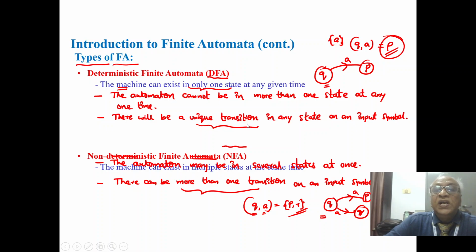There will be a unique transition in any state on an input symbol. In the non-deterministic finite automata, the machine can exist in multiple states at the same time. So it may go to several states at once. There can be more than one transition for the same input symbol.